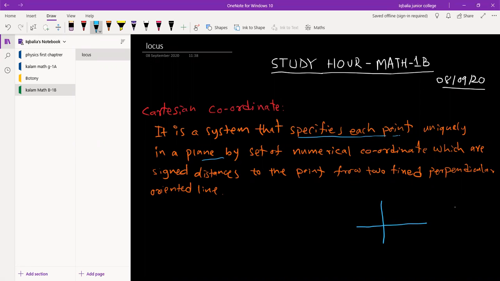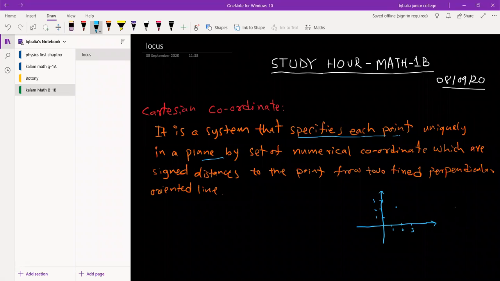Suppose I have here the numbers 1, 2, 3 and so on, and here I have the numbers 1, 2, 3 and so on. Suppose I have a point here.